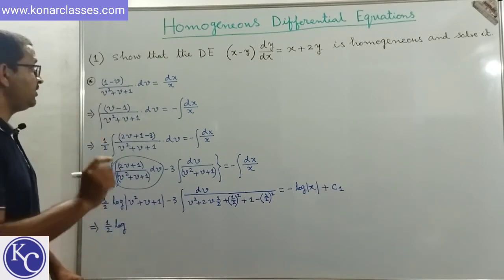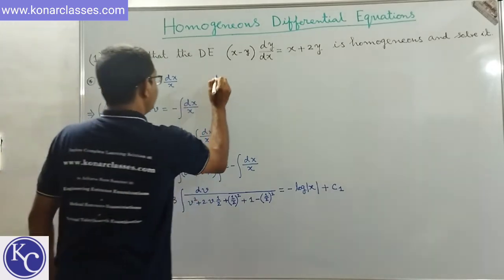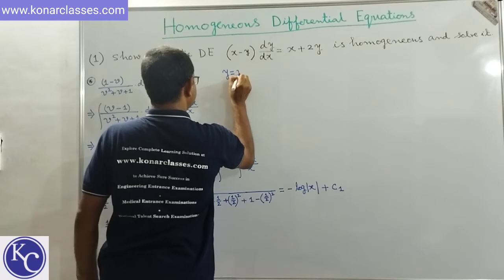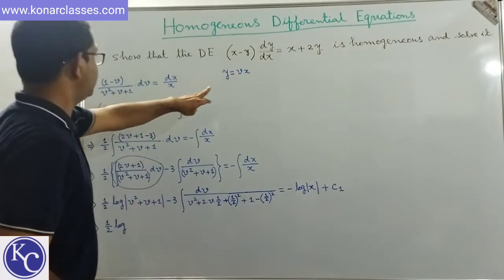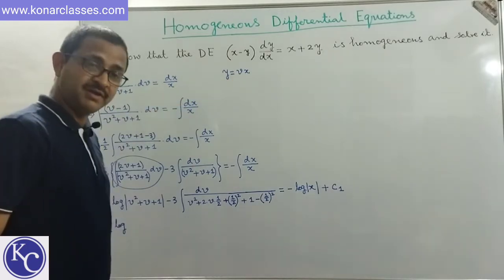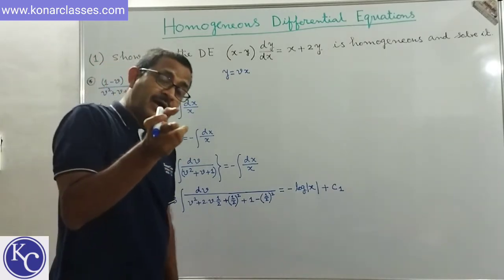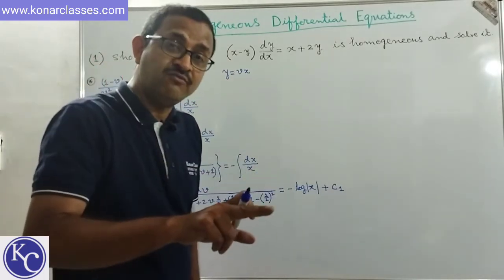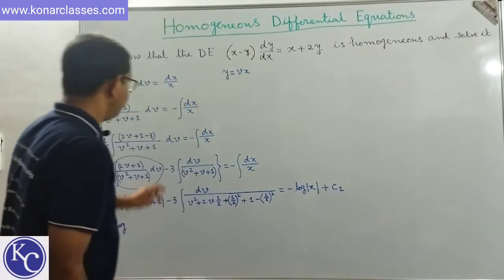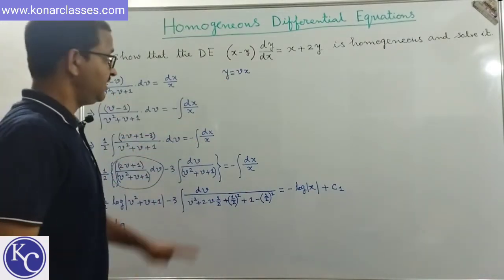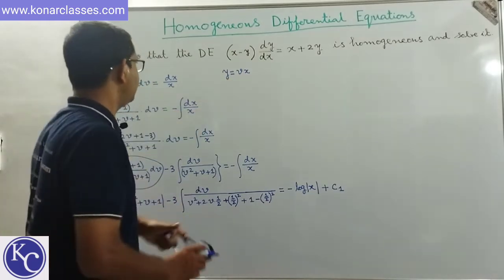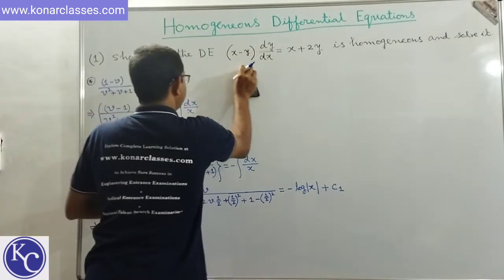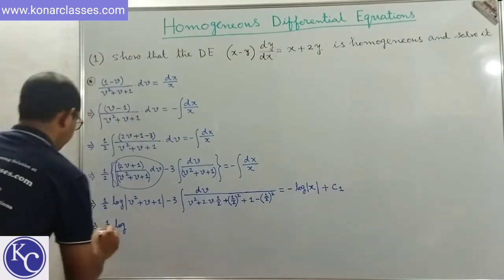If you recall, we applied y = vx. I have removed that portion. That means v = y/x. We need to apply back the value of v = y/x. Why? Because v was our assumption. In our result it has to be in y and x. So we are writing here v = y/x.